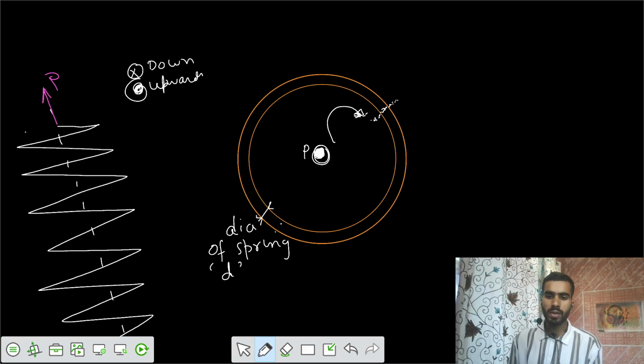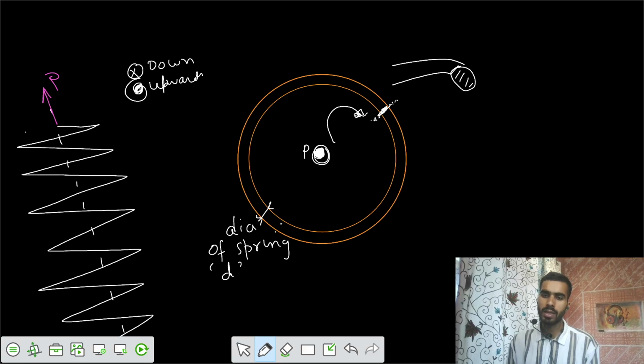That means if we cut the section, there would be some section here, and we can show that continuing from the other side also. There's some section of diameter small d.